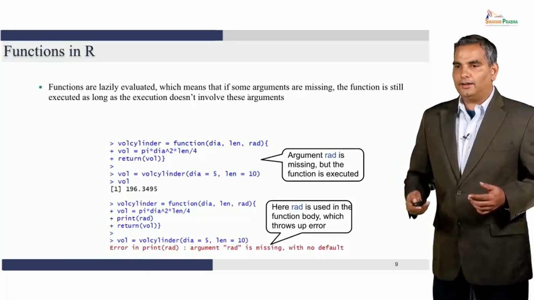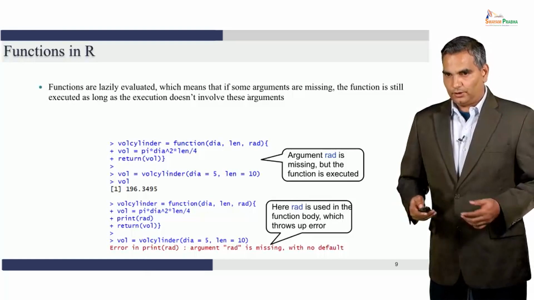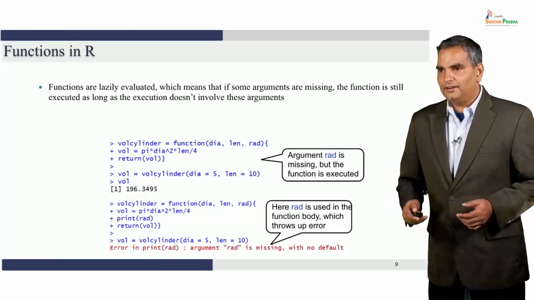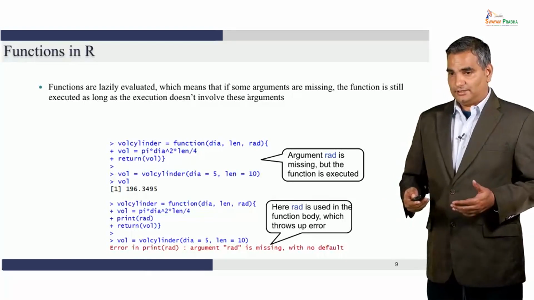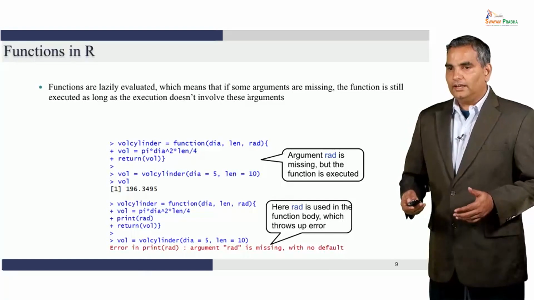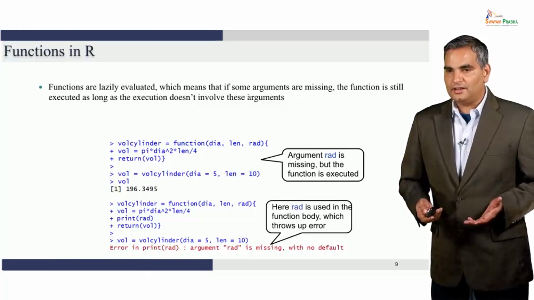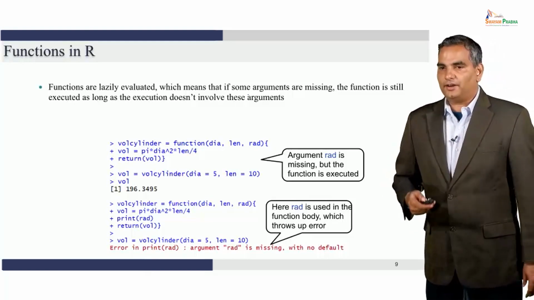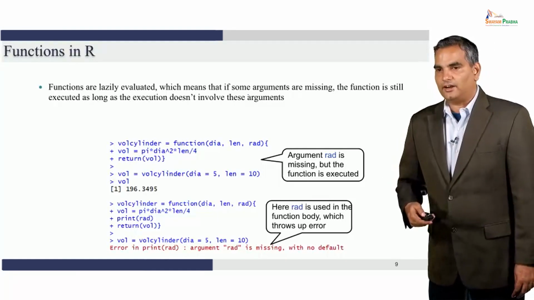So in R, to keep flexibility with programming, functions are generally lazily evaluated, which means that if there are certain arguments that the function is looking for and you do not provide them and those arguments are not used in the function, there are no errors that are returned. So for example, let's say we define volume cylinder as a function of diameter, length and something called radians, RAD.